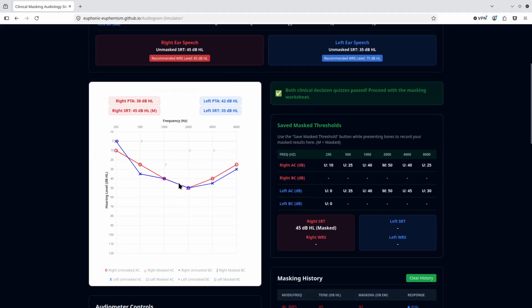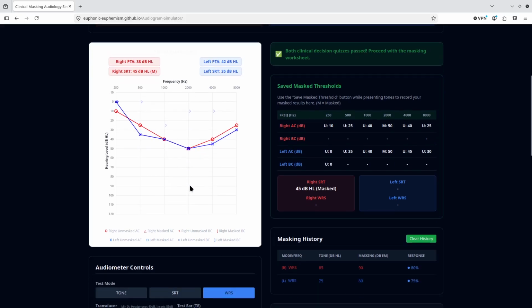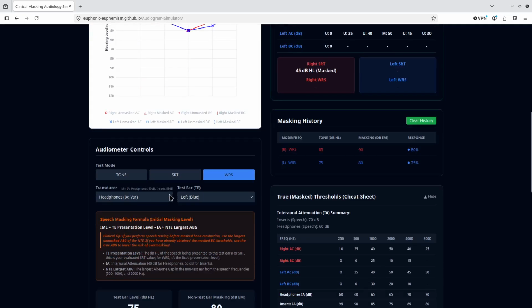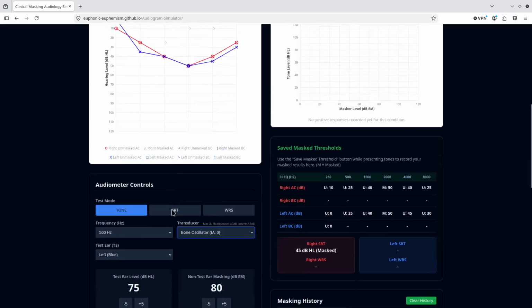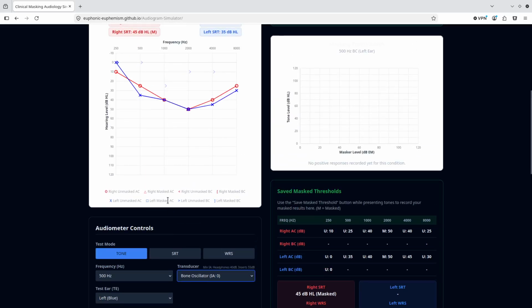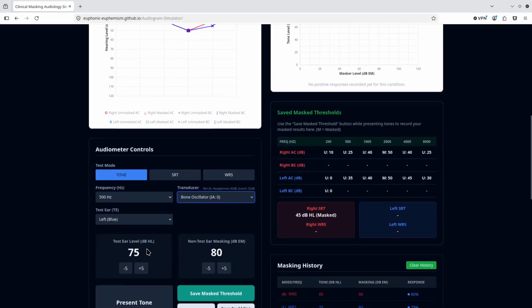So it looks like we need to mask for bone conduction at a variety of frequencies here. We're good at 250, but at 500, we need to do some masking here. So 500, bone oscillator. We're going to start with the right ear, which is 25, which is 0 dB.